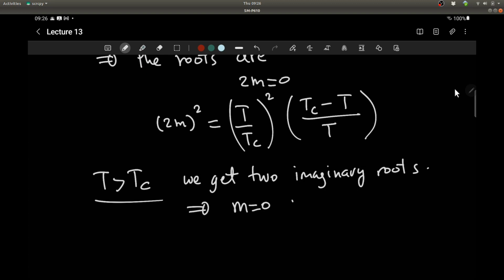M equal to 0 is the only real root. Okay, is this logic clear? We knew it from other things also, from graphs. So what's happening is that they are imaginary roots, and as you come closer to tc, those imaginary roots become 0. At t equal to tc, you can see that 2m square is still exactly 0. So the root at 0 has multiplicity 3, exactly at t equal to tc.